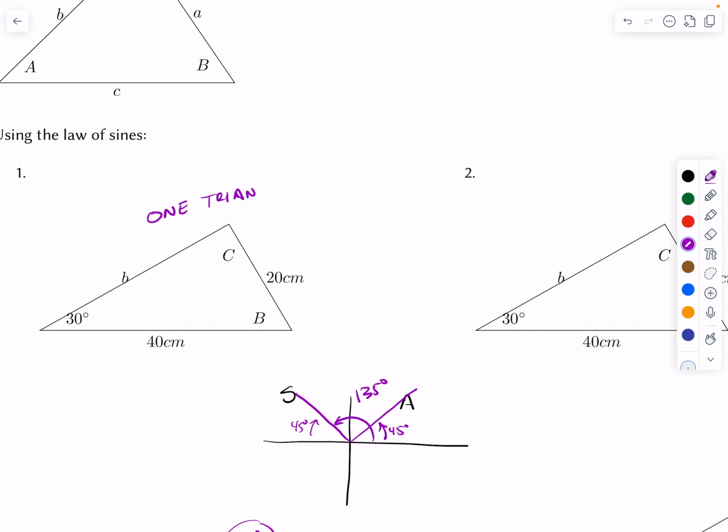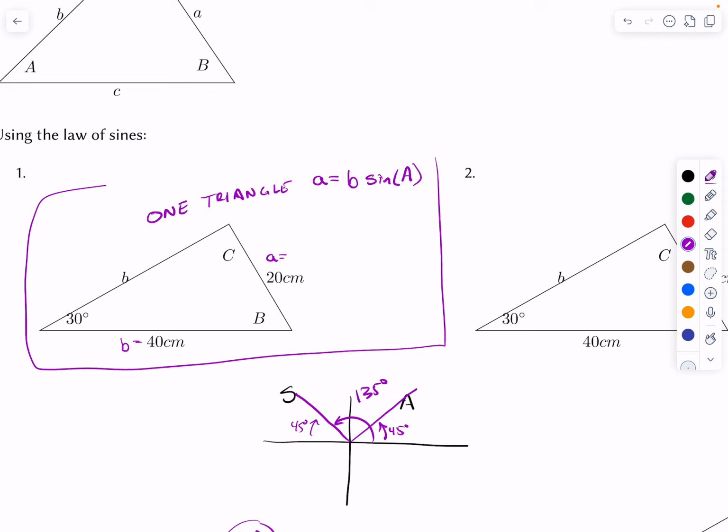If you really want to know a formula, when the side, we'll label this as a, and this will be b, whenever a is equal to b times the sine of A, you end up with exactly one triangle.